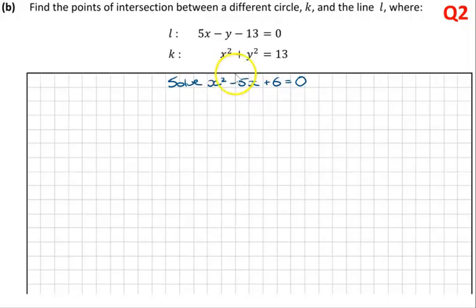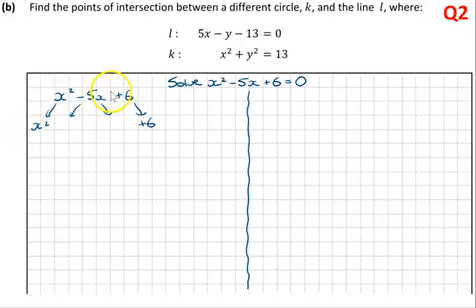So I'm going to solve x squared minus 5x plus 6 is equal to 0. So factorizing, I bring down the x squared, I bring down the plus 6, and I'm going to break the minus 5x into two parts. This plus here tells me that these signs will be the same. And then I look here to see that there's a minus, so they'll both be minus. So I've got minus something x minus something x.